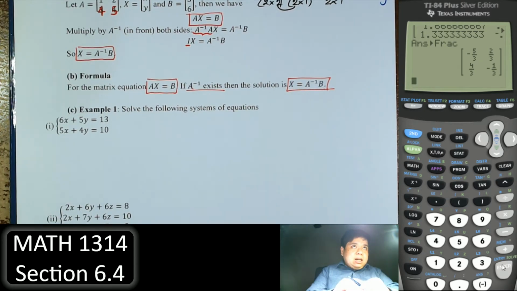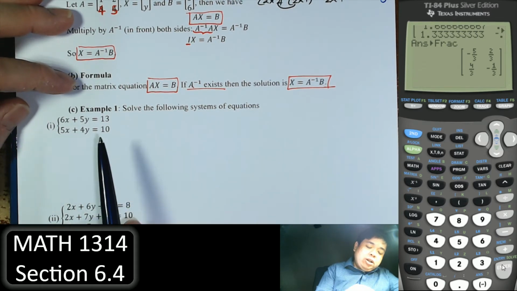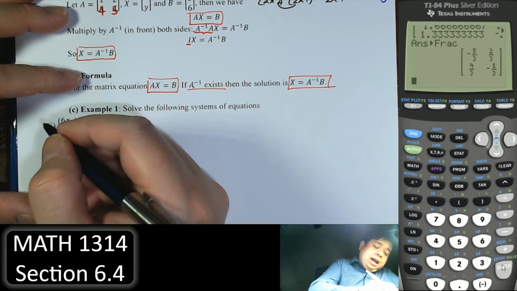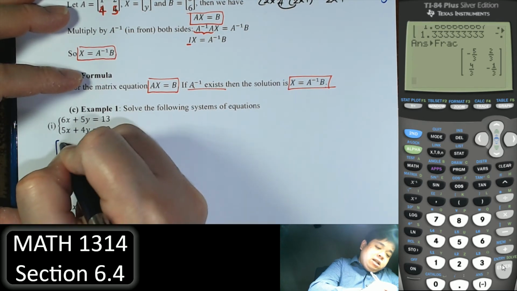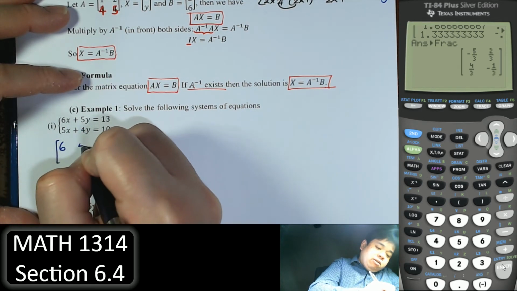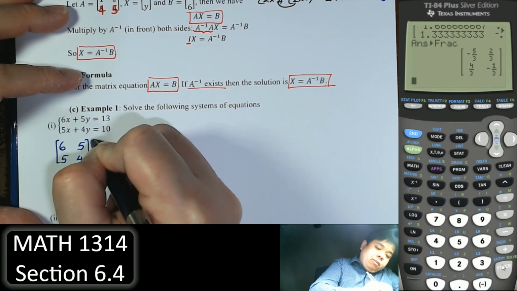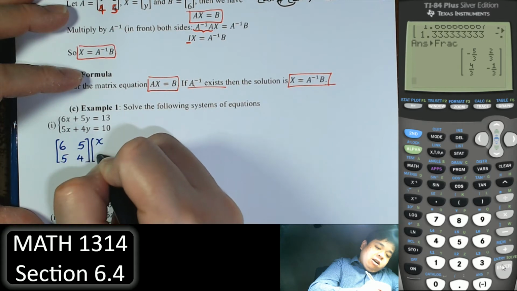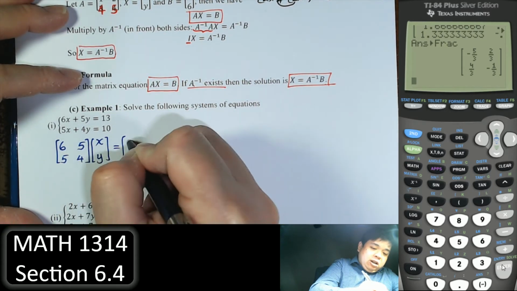Right. Now let's look at this example. Solve the following system of equations. So we have this, and so we just write the matrix A, coefficients 6, 5, 5, and 4, and then the column for the variables equal to the other side.